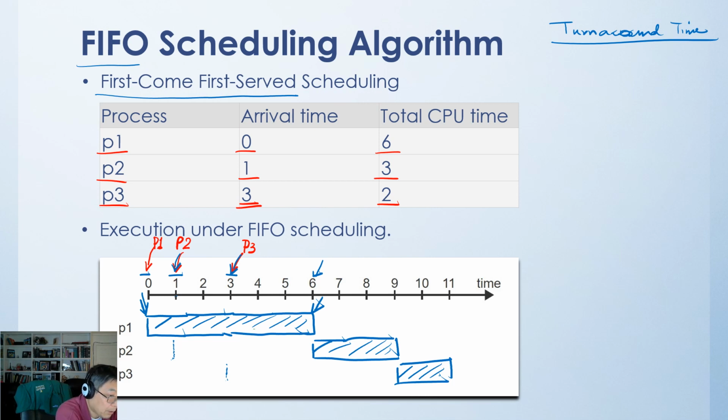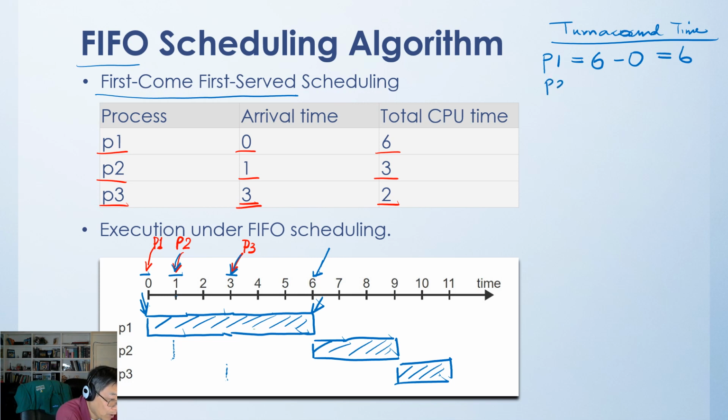So the turnaround time for P1 should be the difference between the time it terminates, which is 6, and the arrival time, which is 0. So P1 has turnaround time 6.